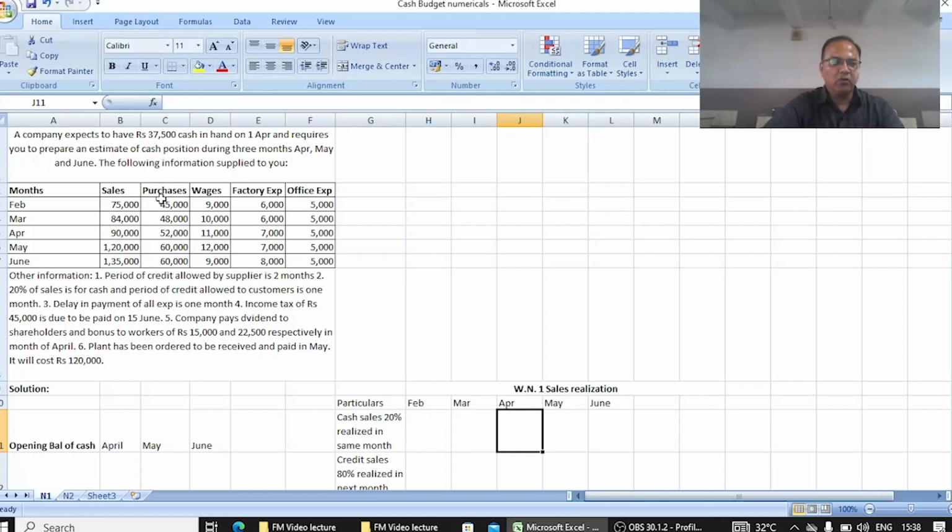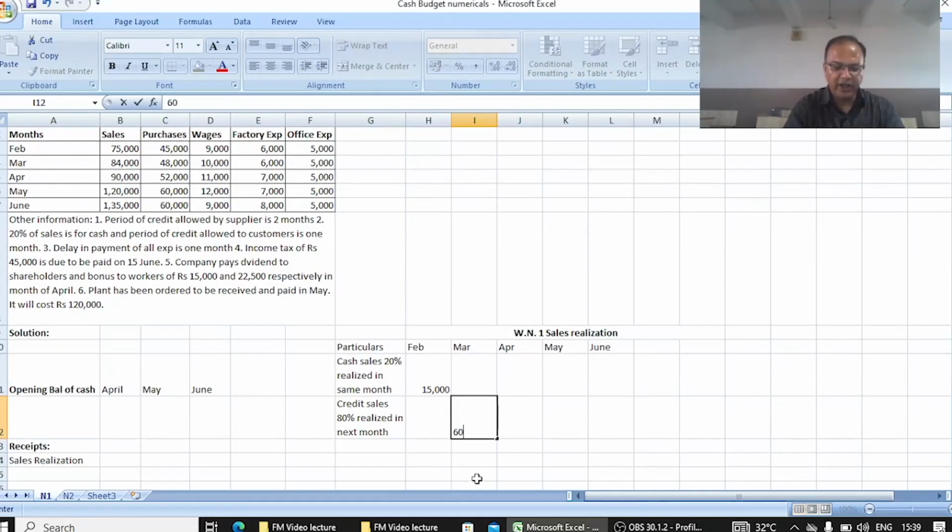Now this is the sale of February. It's clearly mentioned that 20% of sales is on cash basis and realized in the same month. It means 15,000 rupees will be collected in the same month and the remaining 80% will be collected in the next month. It means in the month of March you will collect rupees 60,000.